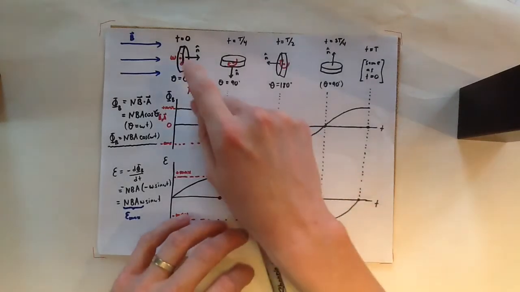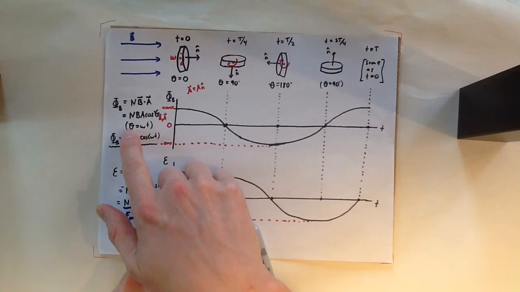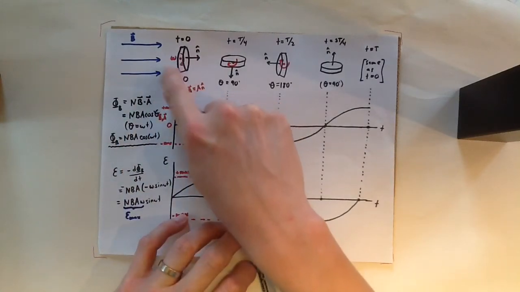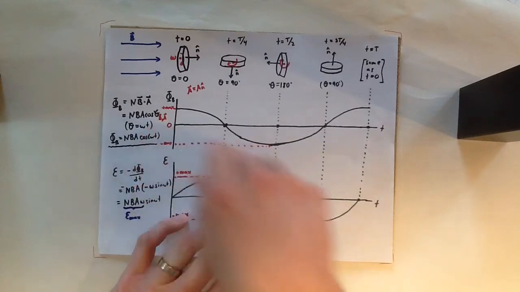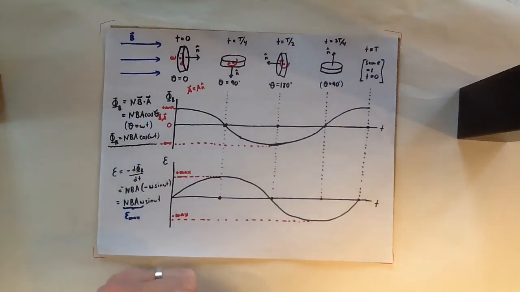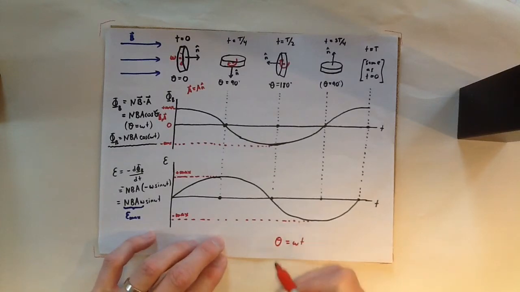So we can recognize that that angle theta will change because of this rotation, and so theta equals omega times t. That's basically just distance equals rate times time, angular version. I would certainly recommend that you stay in SI units here. Theta equals omega times t.